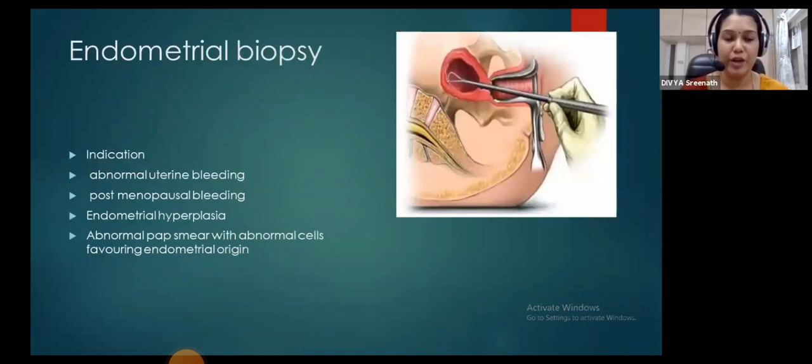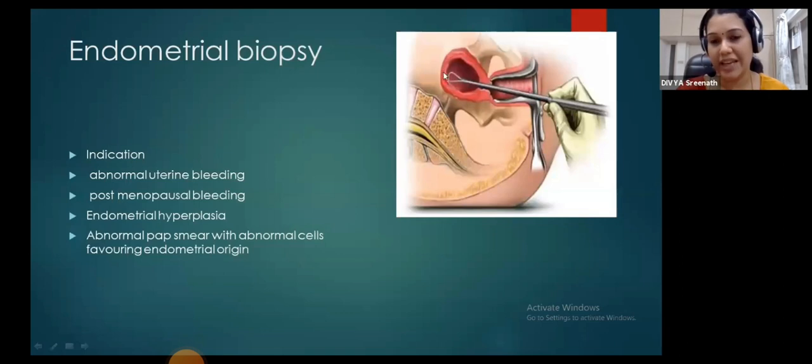Next, endometrial biopsy or endometrial sampling. With the Cusco's speculum inserted, an endometrial sample is taken. A scraping is done from the anterior, posterior, and both lateral surfaces of the uterus.